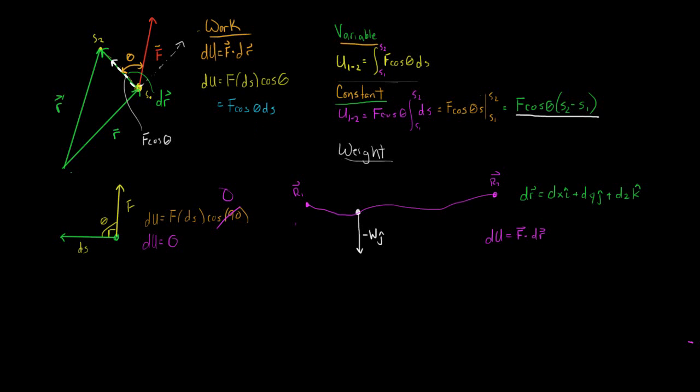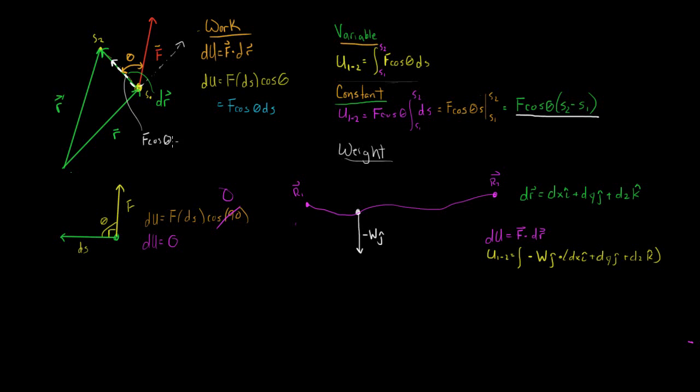And if we integrate both sides, we're going to get the work from 1 to 2 is equal to our force, which is equal to minus W j, times the dot product of this displacement. So dx i plus dy j plus dz k.